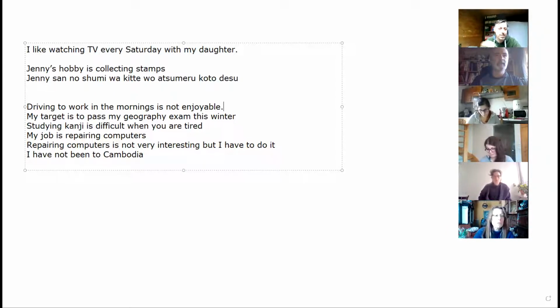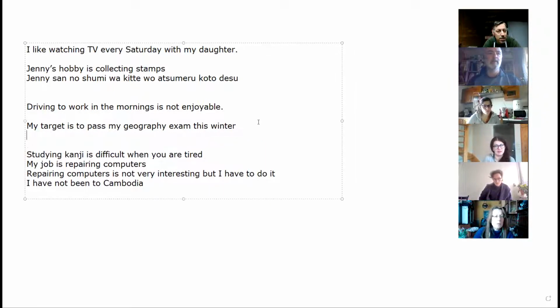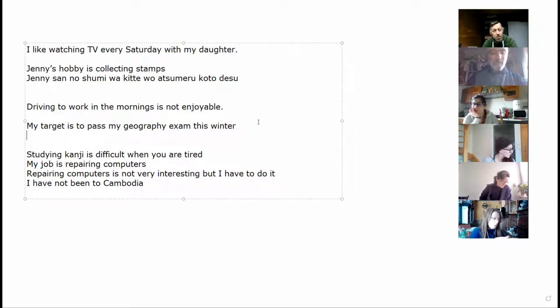Perfect. And then Constantina, let's jump on to number 4. My target is to pass the geography exam this winter. Kotoshi no fuyu. Watashi no target o. Actually not. So target is mokyou.